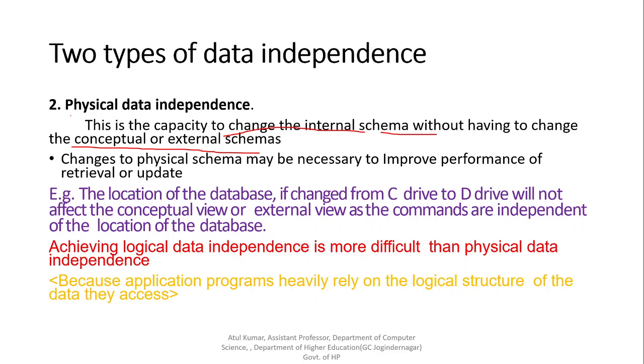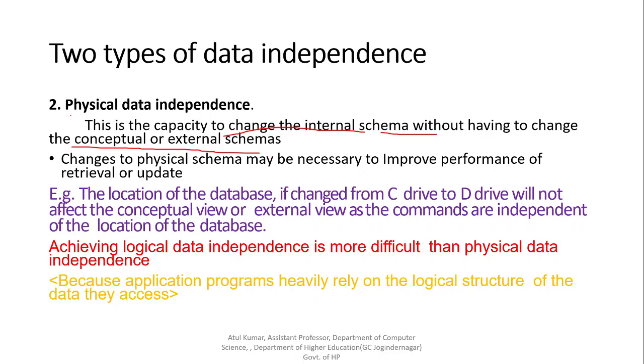So we will change the internal schema and it will not affect the conceptual or external level above. A change to the physical schema may be necessary to improve the performance of retrieval or update, or sometimes due to hardware updations we need to change the physical schema, but it does not affect the upper schemas, that is the conceptual and the external schema.